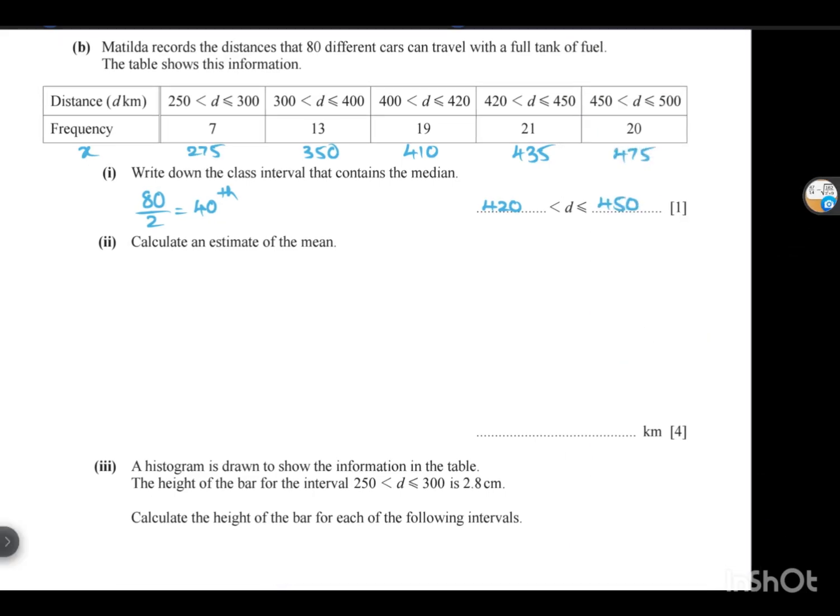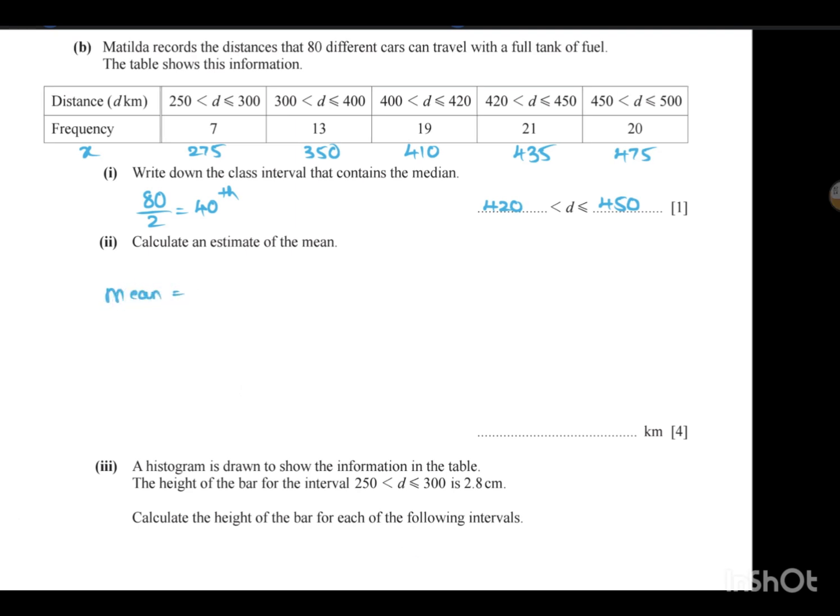So the mean will be 7 into 275 plus 13 into 350 plus 19 into 410 plus 21 into 435 plus 20 into 475 by the total, that is 80.